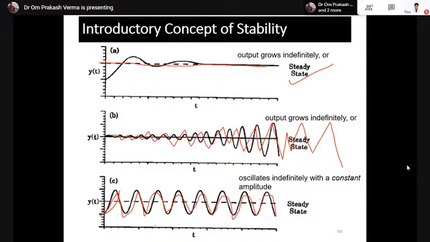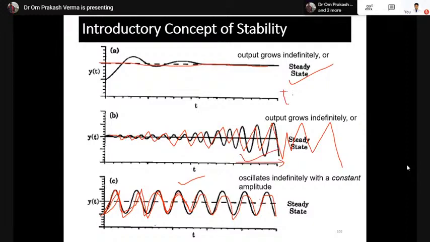But in the third case, we are not able to achieve the final value; we have sustained oscillation also. But here we have seen that as time passes, the response is going to infinity.